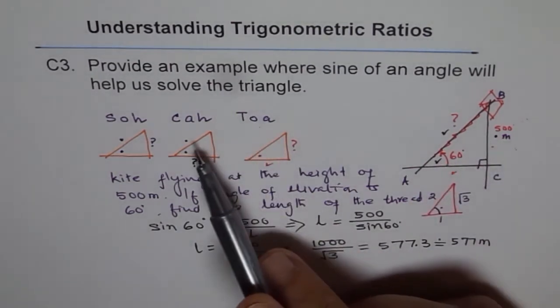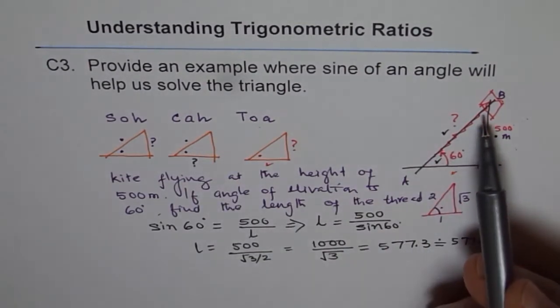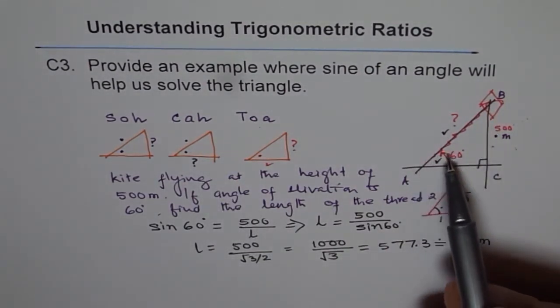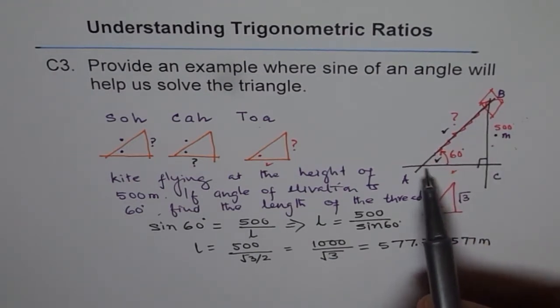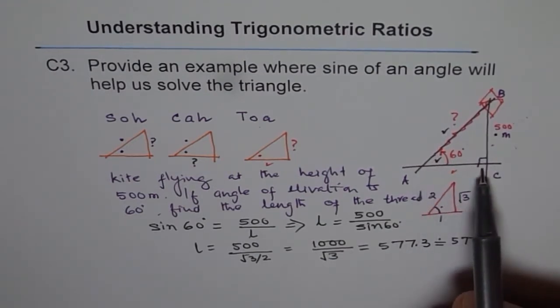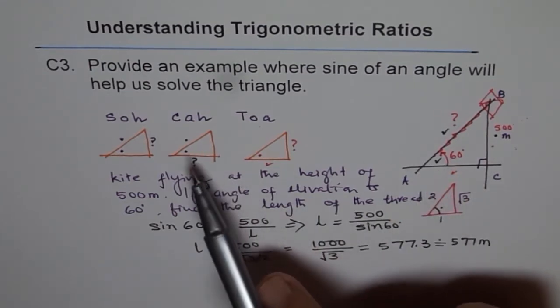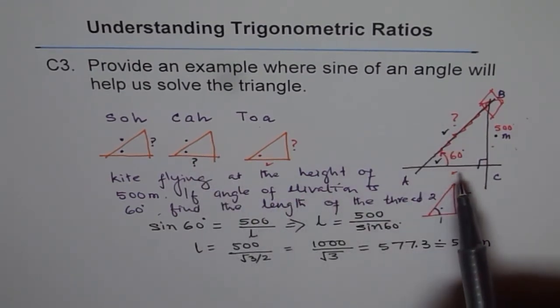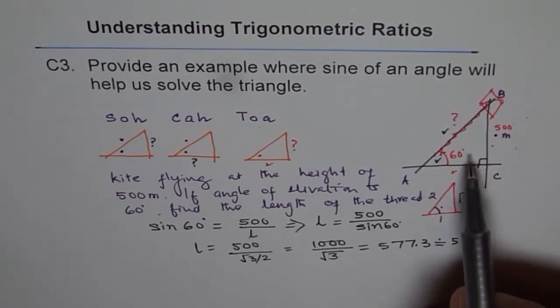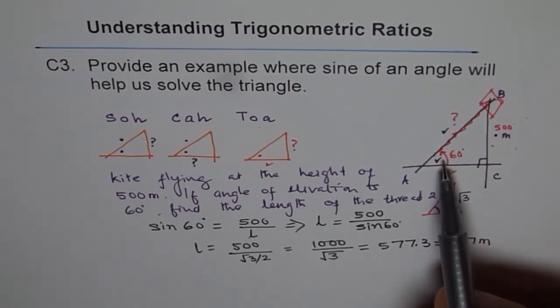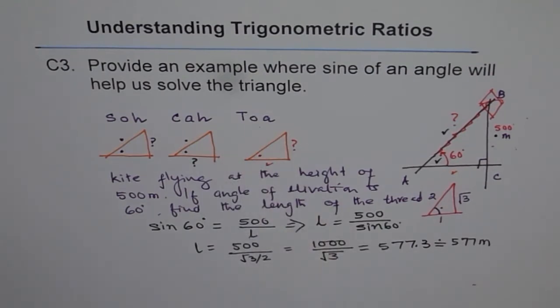Cosine is used if I say a ladder is leaning at an angle, and the length of the ladder is given, how far should it be from the wall? The variable in that case is the distance from the wall, and you know the hypotenuse and the angle. So cosine is the best option to use.